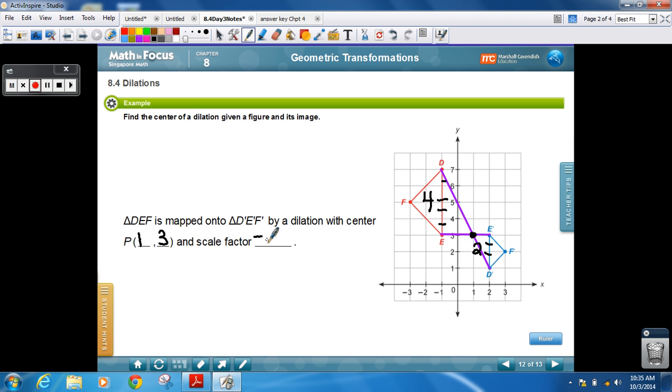The image is 2. The original is 4. So -2/4 reduces to -1/2. If I double check my answer, it is negative because they're on the opposite sides of the center of dilation. It would make sense that it is less than 1 because my image is smaller than the original, so it is a reduction.